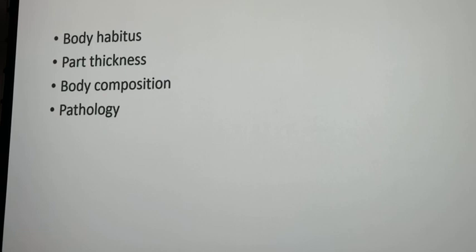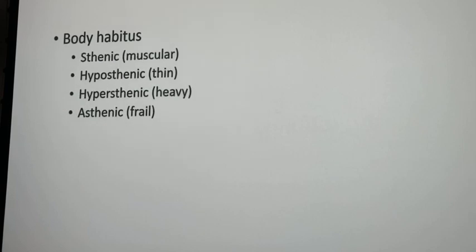So body composition can be a part of that, but it's not necessarily the same thing. We've got pathological conditions that will change body composition in a portion of a part, right? What I mean by that is you've got osteoporosis, you're going to lose bone mass, right? And that will be an example of pathology.